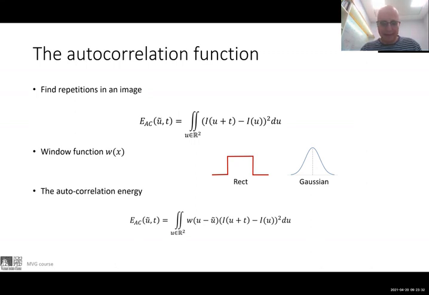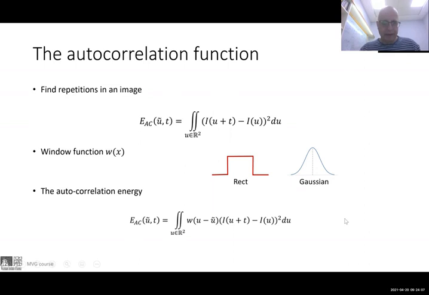Let's understand what's written here. We have the difference between I(u+t) and I(u), but now we weight this by the window function. The integral in the case of rect will only check if a square in the image matches the same square shifted, or Gaussian the same way.